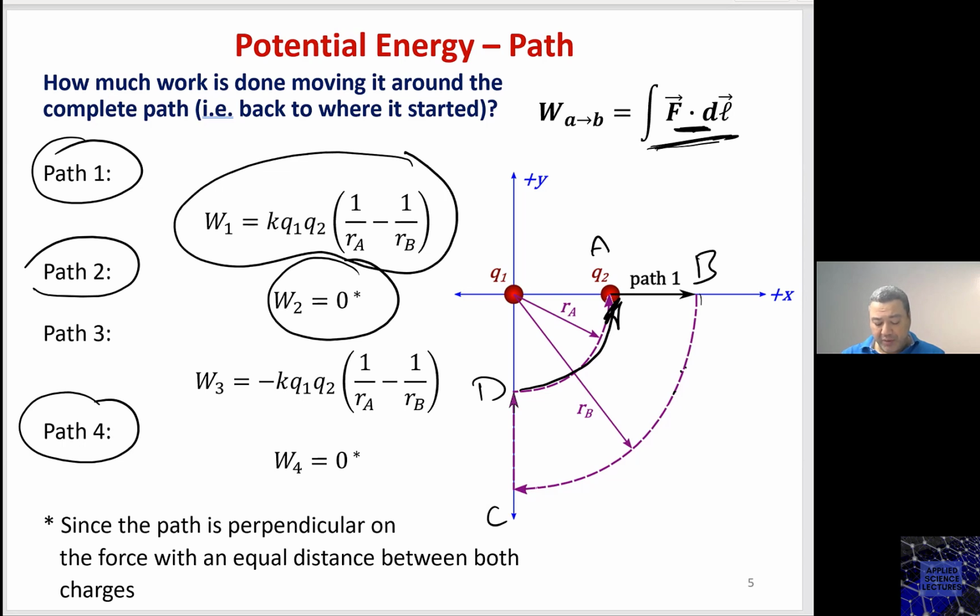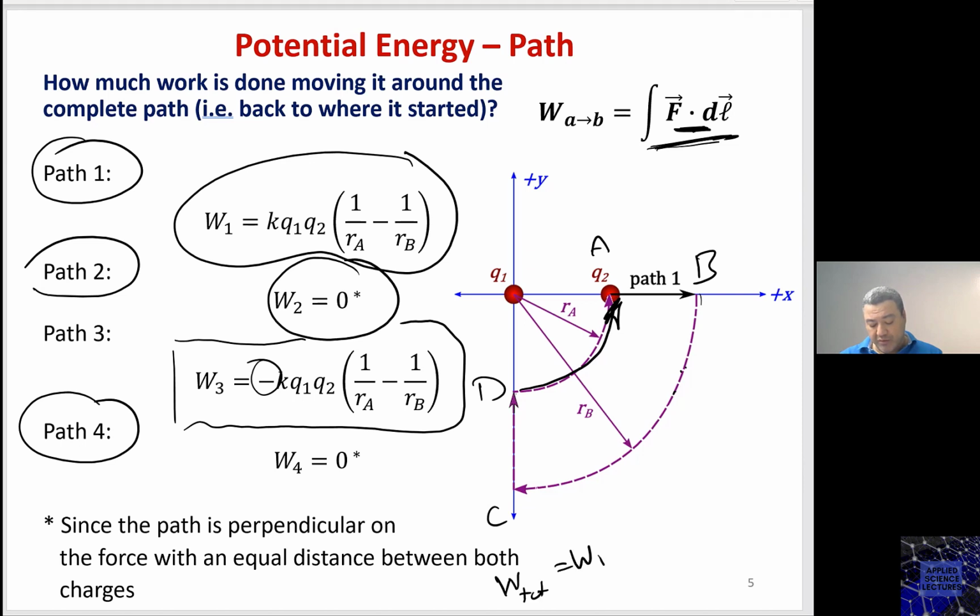And for path number 3, which is going from C to D, if you do the derivation, you will find that the work is the same in magnitude. However, the sign is negative, which basically means that if you now add all those works together, work 1, work 2, work 3, and work 4, you will get 0.